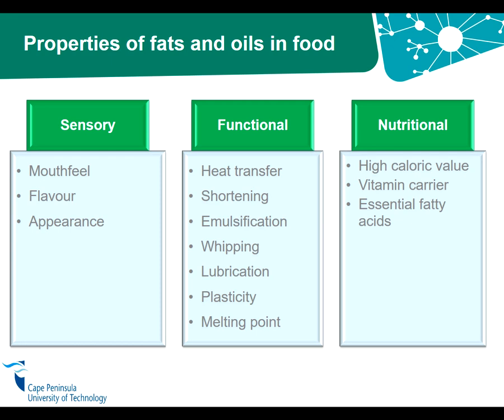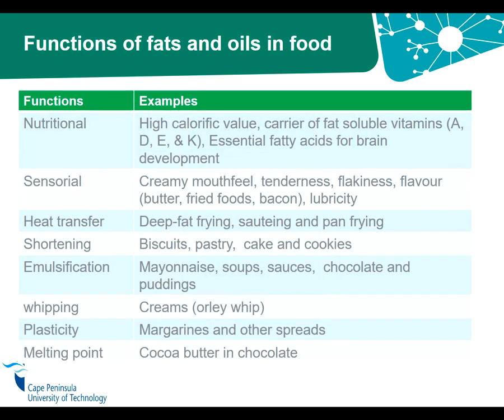Let us look at the functions of fats and oils and their examples. As I've said, nutritional, high caloric value, carries fat soluble vitamins, and then they are essential fatty acids for brain development, right? The omega-3 and the omega-6 in this case.